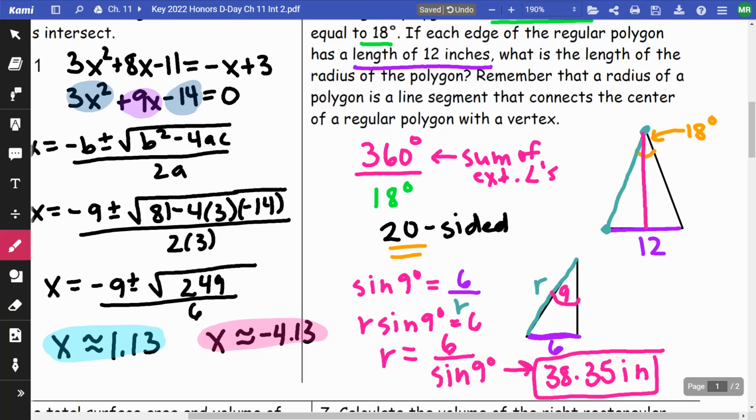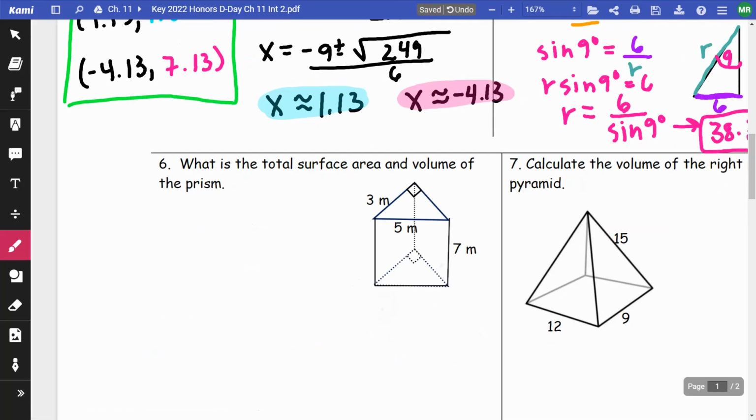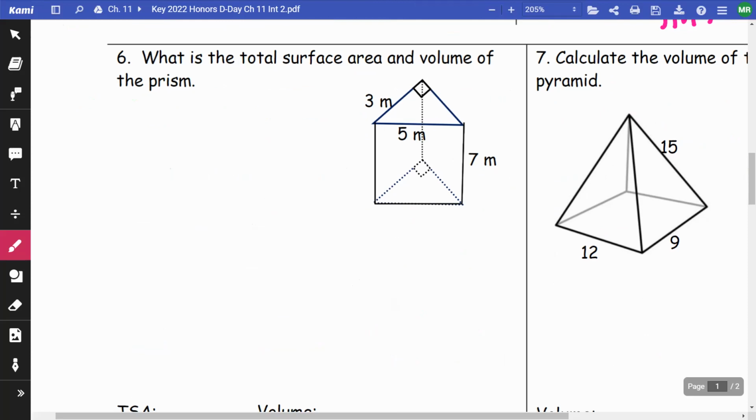On number 6, we want to find the total surface area and the volume of this. First, I've got this right triangle here. I know one side is 3 and the hypotenuse is 5. If I did Pythagorean, I'm going to see that this is a 3, 4, 5 right triangle.